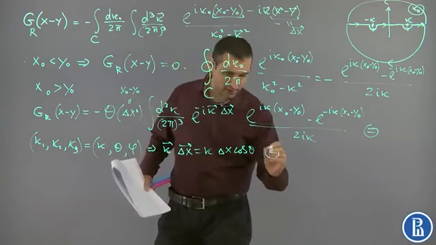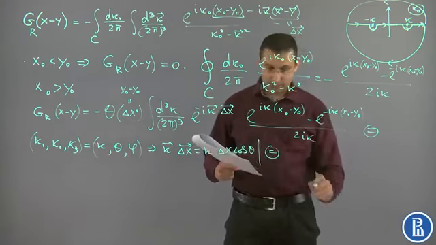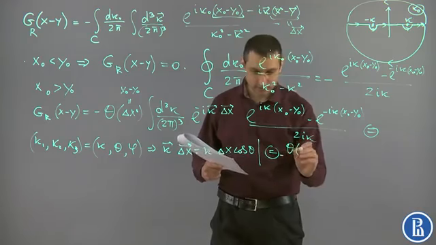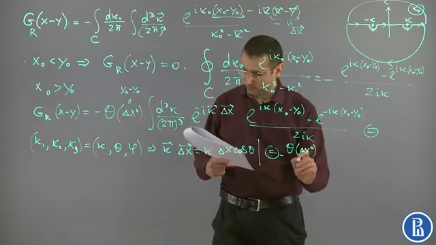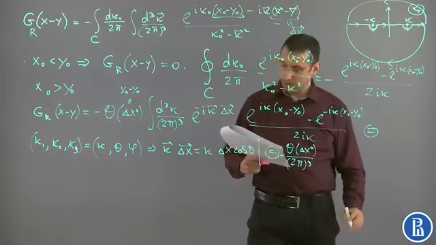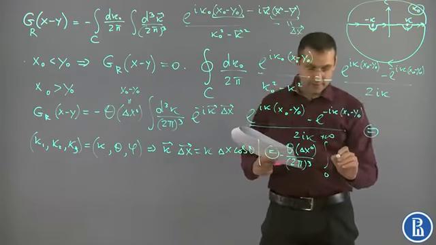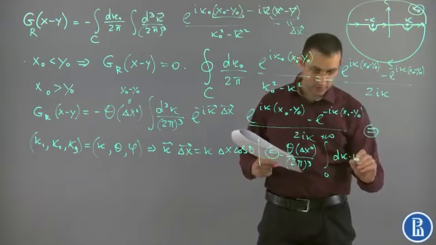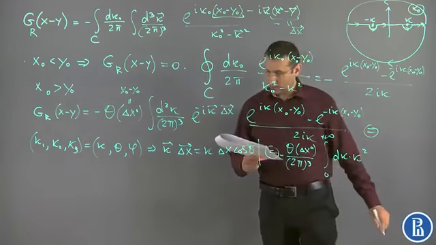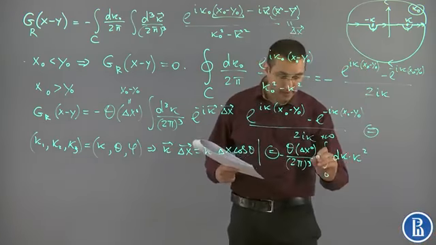continuing it, this integral acquires the following form. We have theta function of delta x0, we have 2 pi cubed here, integral from 0 to plus infinity dk times k squared, and we have the integral over d phi.